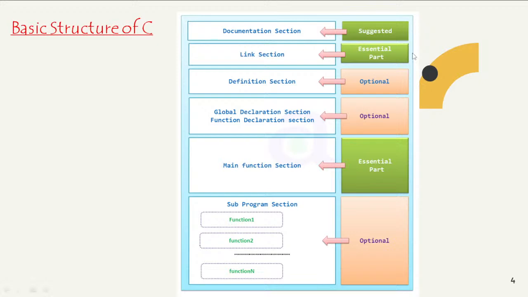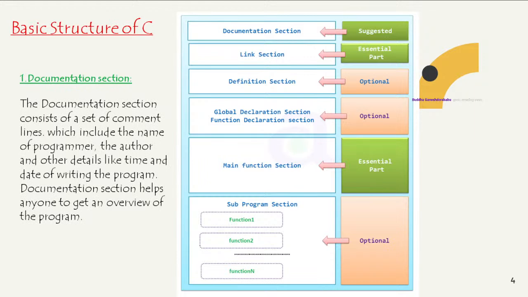Coming to the essentials, whichever parts of this basic structure are essential, you have to include those parts compulsorily in your C program. Whereas optional ones depend on our requirement: we can include the definition section, global declaration section, and subprogram section. So we'll start the explanation of each and every section, what it consists of, and how you include it in C programming. We'll start with the documentation section.